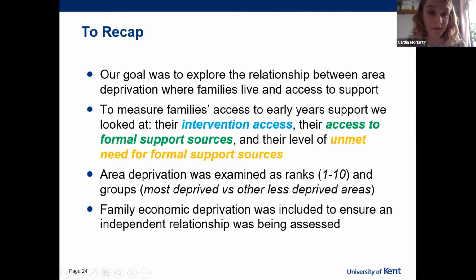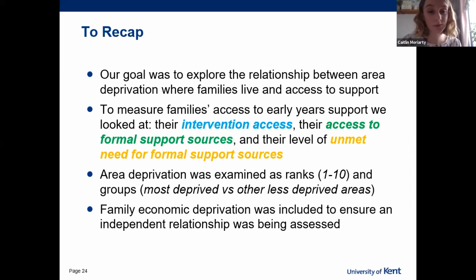So to briefly recap on the information that we've provided so far, our goal was to explore the relationship between area deprivation where families live and their access to early years support. To measure families' access to early years support, we looked at their intervention access, their access to formal support sources, and their level of unmet need for formal support.